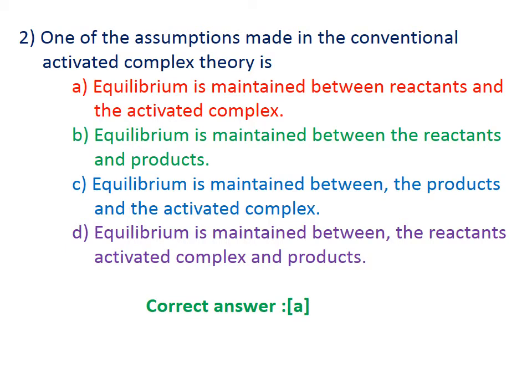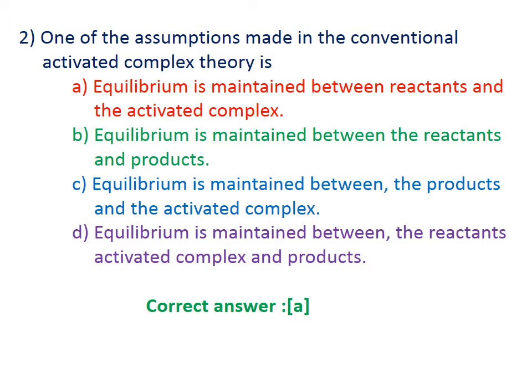Question 2. One of the assumptions made in the conventional activated complex theory is: A, the equilibrium is maintained between the reactant and the activated complex. B, the equilibrium is maintained between the reactant and the product. C, the equilibrium is maintained between the product and the activated complex. D, the equilibrium is maintained between the reactant, the activated complex and the product.